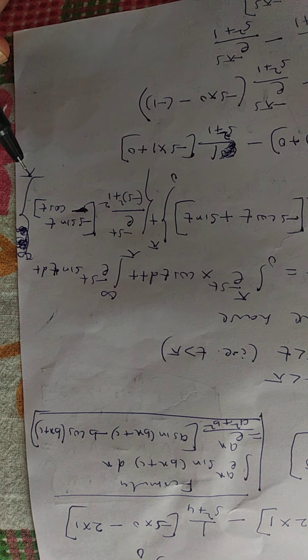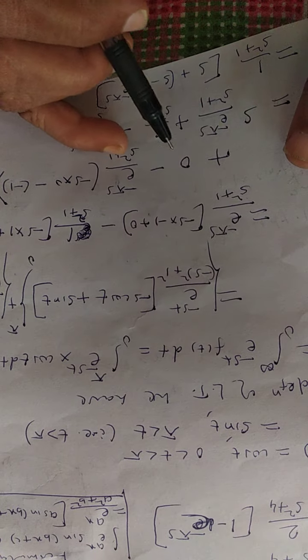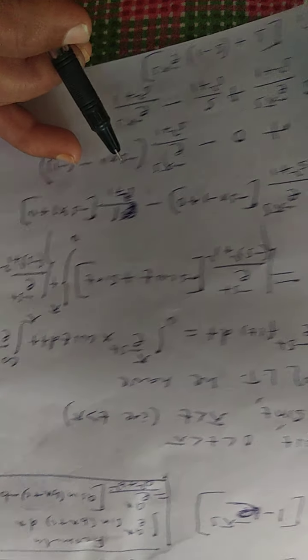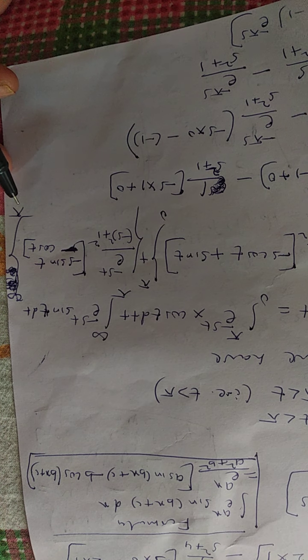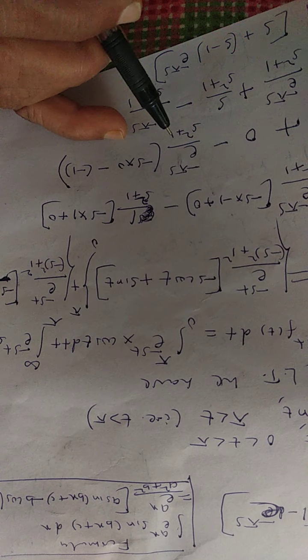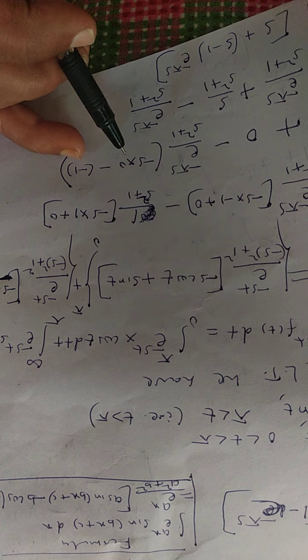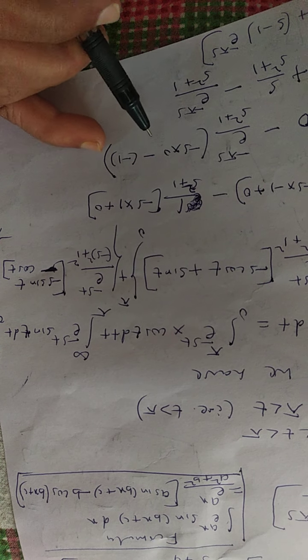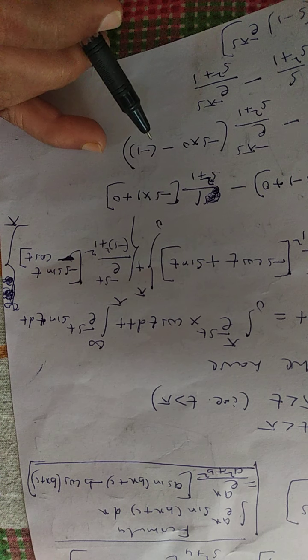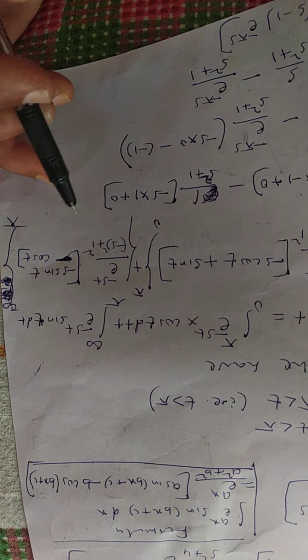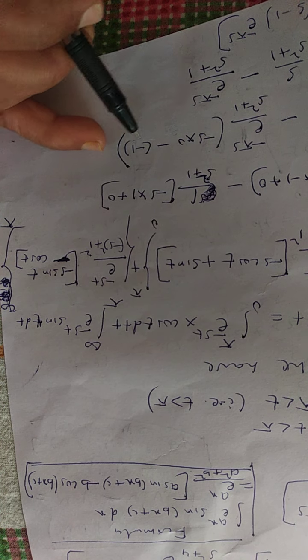Then if we put t is equal to pi, then e raised to minus pi s upon s square plus 1 into bracket minus s into 0, sin pi is 0, minus cos pi is minus 1. So minus into bracket minus 1.